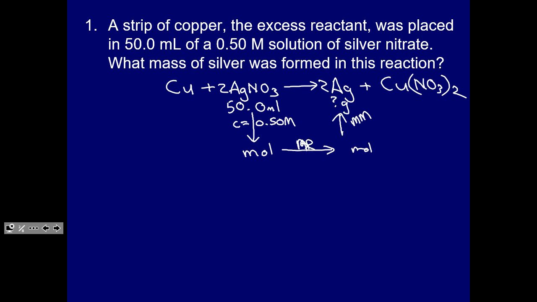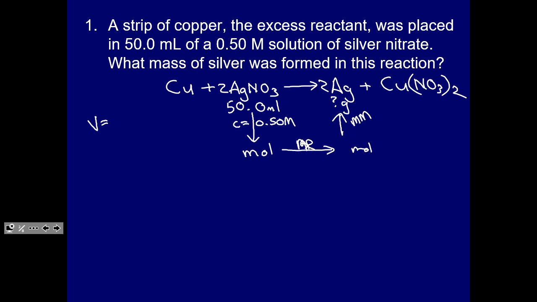Now, if I want to get moles, I need to turn that volume into liters. If I leave it in milliliters, which sometimes we can, it simply means that I will get a unit of millimoles, because the milli would still be around. I think for this question, because we want to solve for grams, I might convert that to moles.